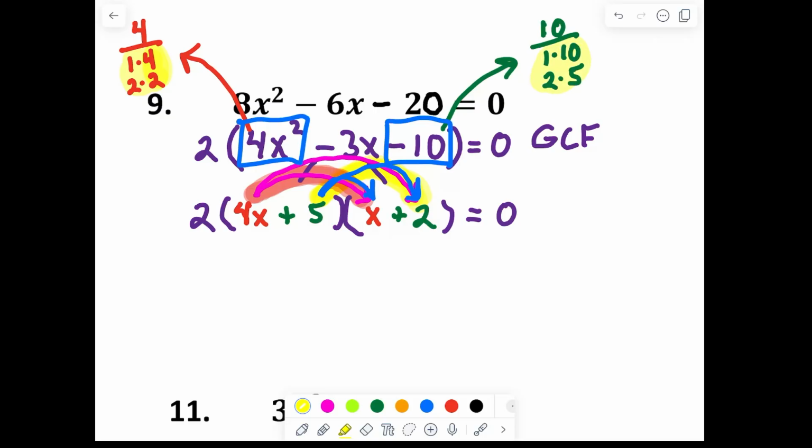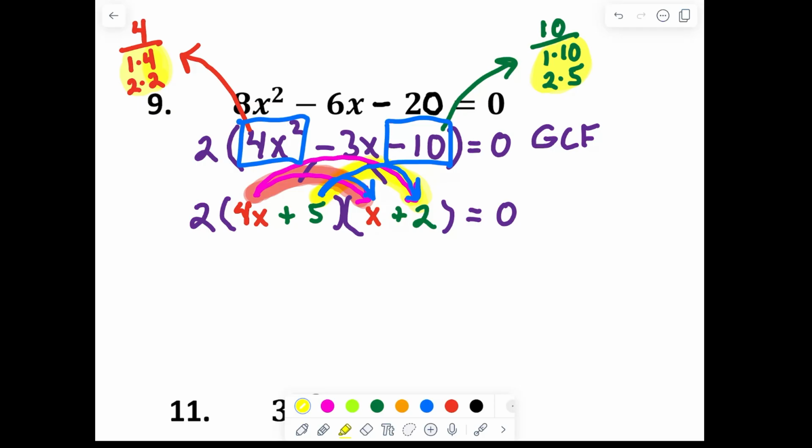In the same way, the only way that I get to that minus 10 at the end is by multiplying the last two numbers on my binomial factors, the 5 and the 2.